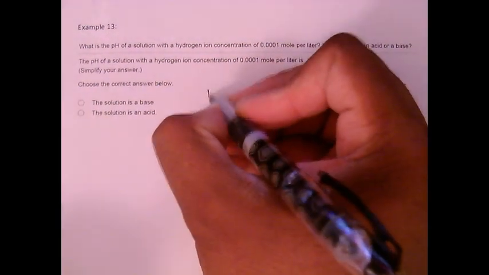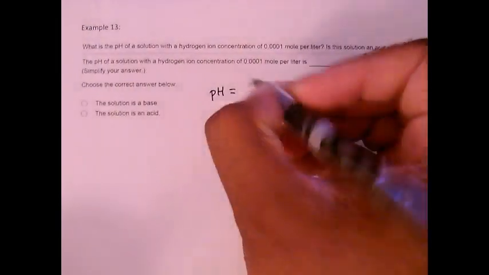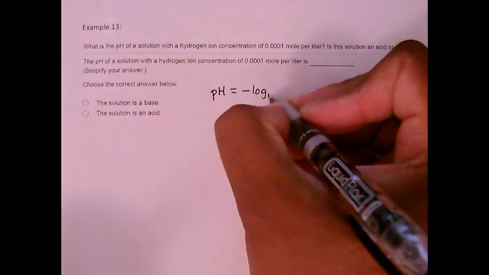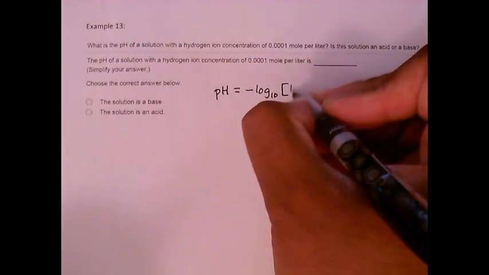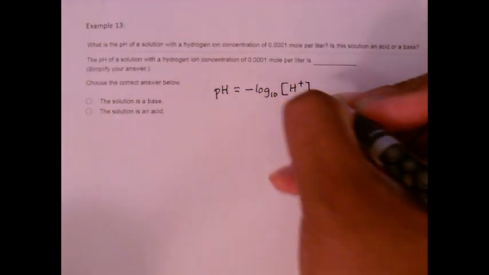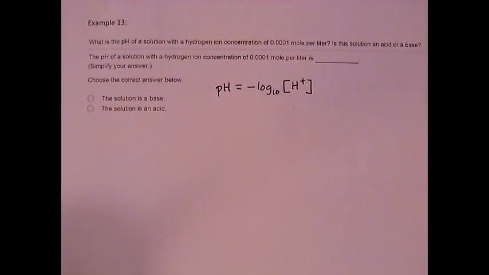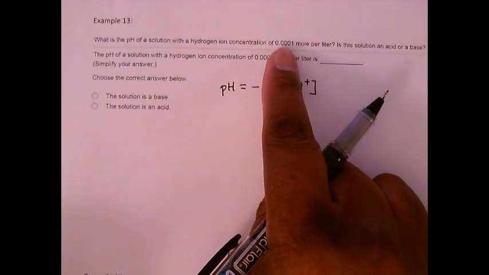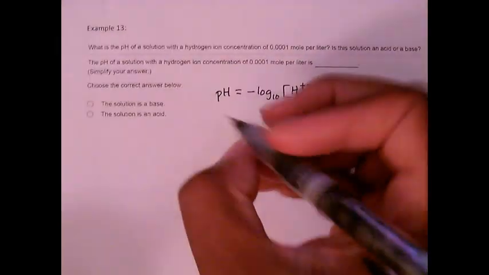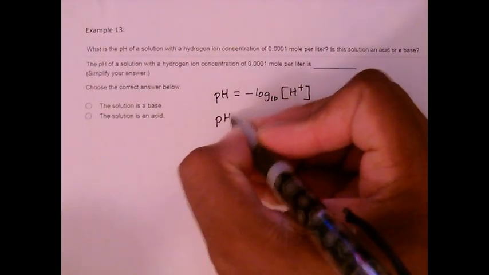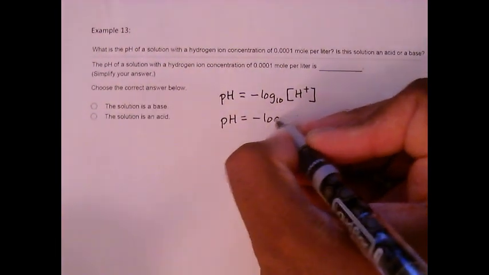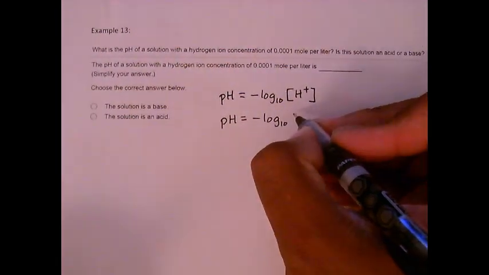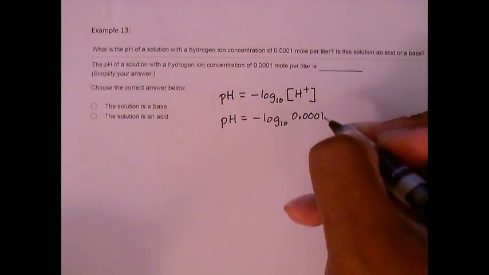So if we want to find the pH, we have to use this formula: negative log to the base 10 of our hydrogen ion concentration, H+. And here the hydrogen ion concentration is 0.0001. We'll substitute that in this formula, so pH is equal to the negative log to the base 10 of 0.0001.